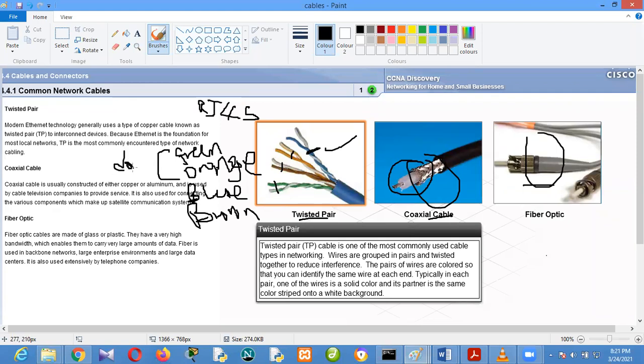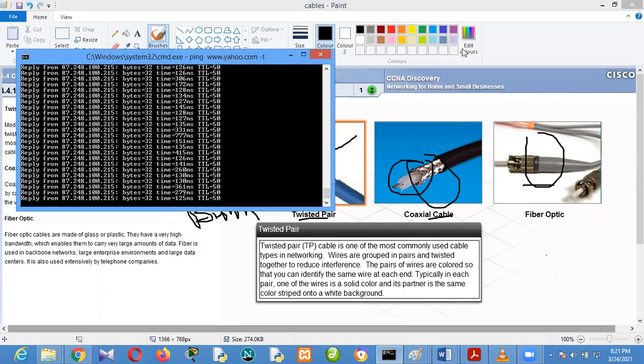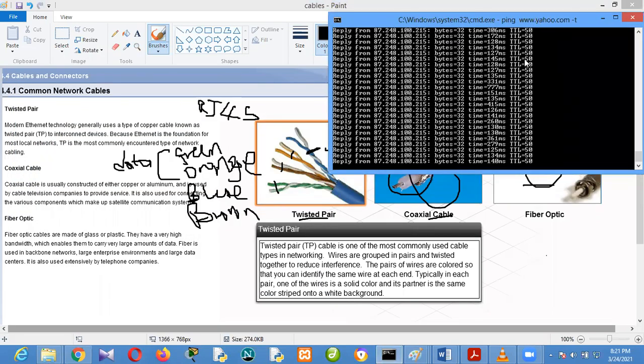Data passes through these ones. I'll talk more about that later on. Now, whenever you want to terminate them, there is a scheme, there is a rule on how it's supposed to be terminated.